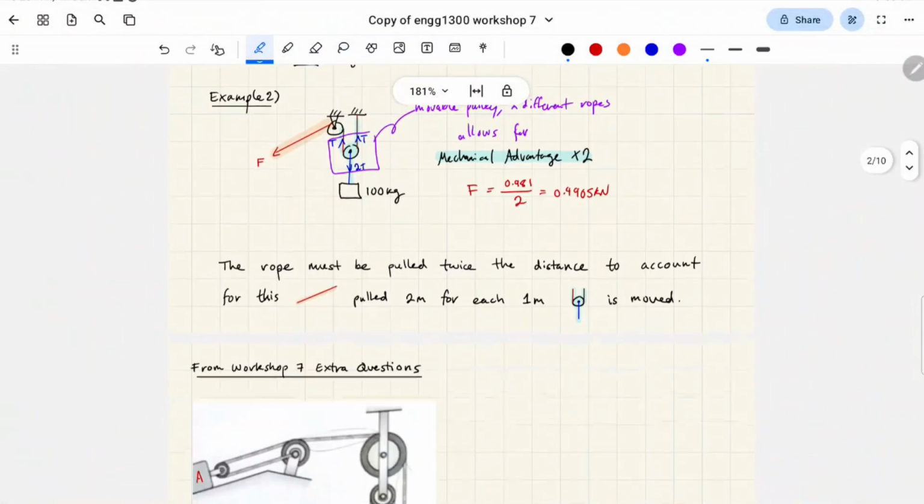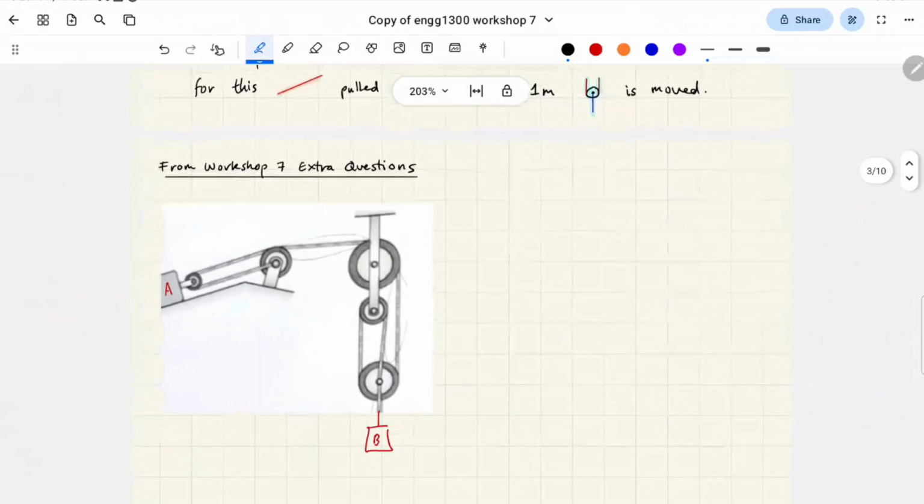All right. Oh, here we go. So here's a more complicated system, and yeah. So first, I want you to look at this and spot which ones are moving pulleys and which ones are fixed pulleys, right? And the second thing I want you to do is think about this box moving downwards, for example, right?